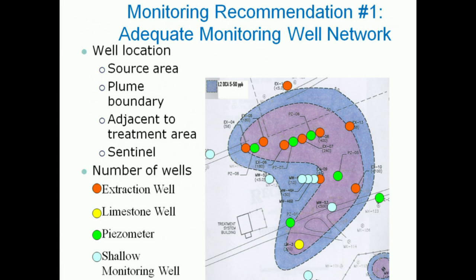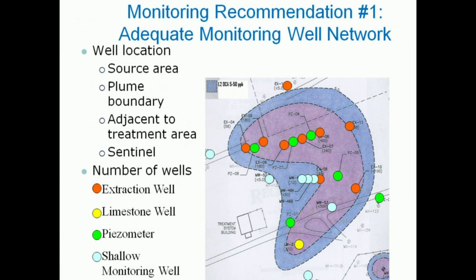You want to have wells near the source area, near the plume boundary, adjacent to treatment areas, and even outside the plume to see if the plume migrates, which is called sentinel wells. Does anybody see anything about this map that may not be adequately monitored?